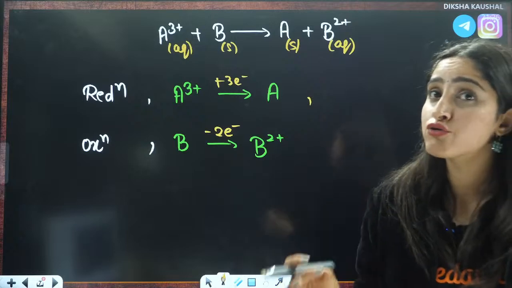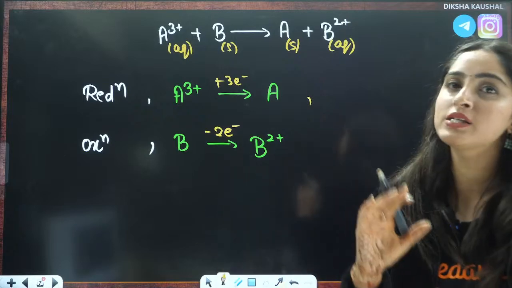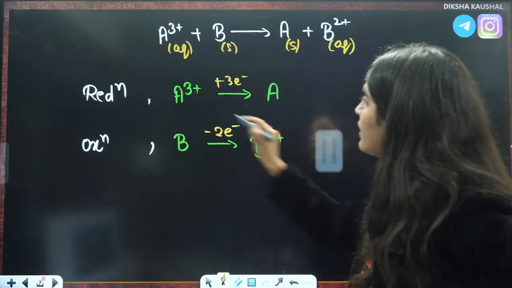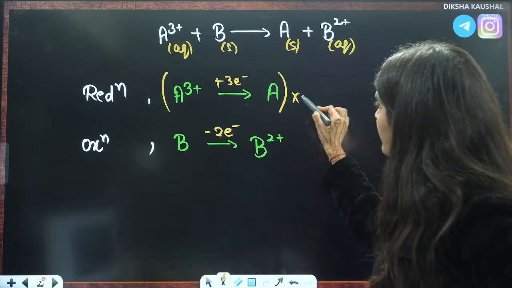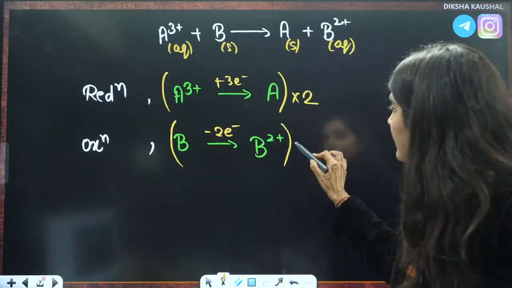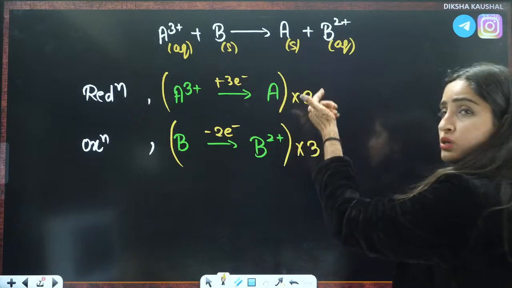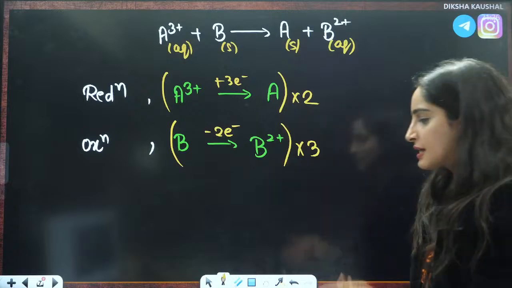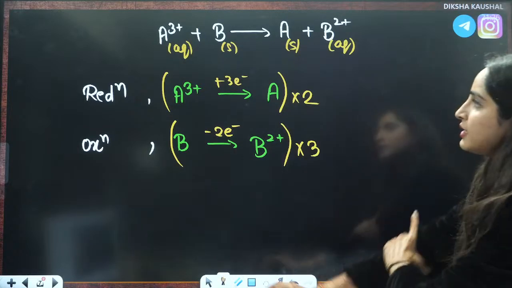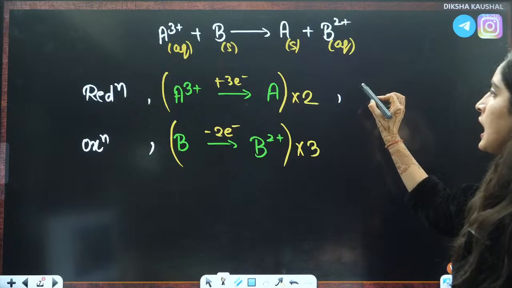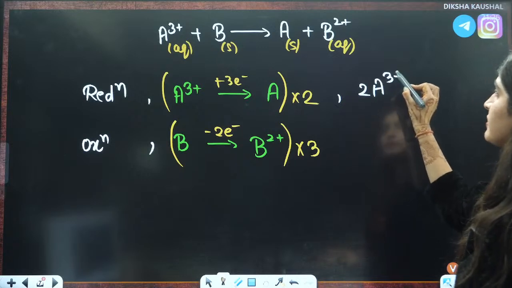But the number of electrons lost and gained should be the same. That is why we will multiply this whole equation by 2, and this whole equation by 3. So 3 into 2 is 6, 2 into 3 is 6. So what will it become? It will become 2 into A3 positive.